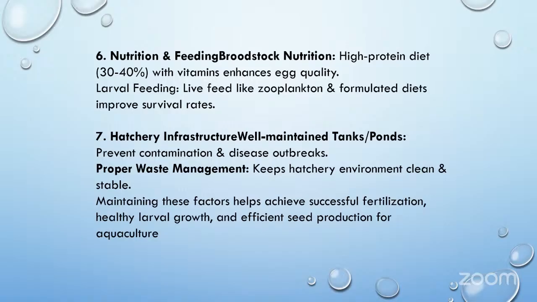Hatchery infrastructure, well maintained tanks and ponds, prevent contamination and disease outbreaks. Next, proper waste management keeps the hatchery environment clean and stable. Maintaining these factors helps achieve successful fertilization, healthy larval growth, and efficient seed production for aquaculture.